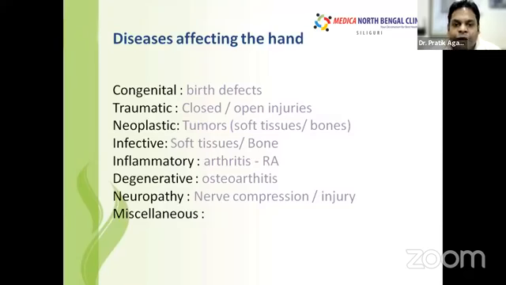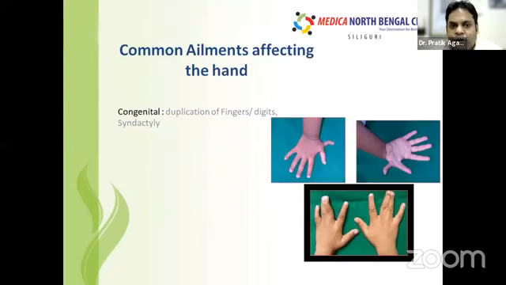Inflammatory, where the most common ailment is arthritis, and in hands it's most commonly rheumatoid arthritis. In degenerative, again, it is osteoarthritis. And lastly, but not the least, is neuropathy, which usually occurs by nerve compression or injury to any nerve, and miscellaneous. We'll be discussing them one by one, and I'll be telling the brief and the treatment regarding the same. So first is the congenital.